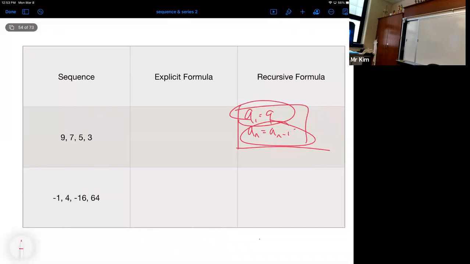For the recursive? Yeah. Okay. And then for the next page. All right, same thing. Okay, you did do that. That's fine.